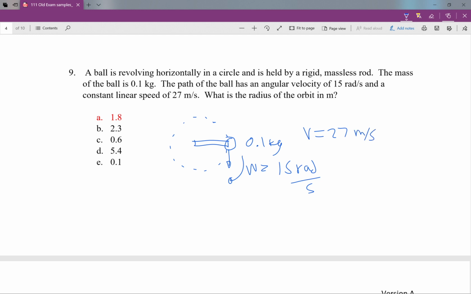And we know the relationship between the angular velocity and the linear velocity: the linear velocity is equal to the radius of rotation from the center of rotation times the angular velocity, omega. We're looking for the radius, so the radius is going to be the velocity over omega, which is 27 divided by 15, and that's 1.8 meters.